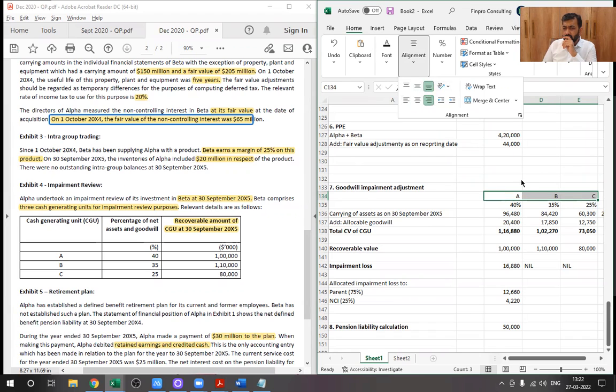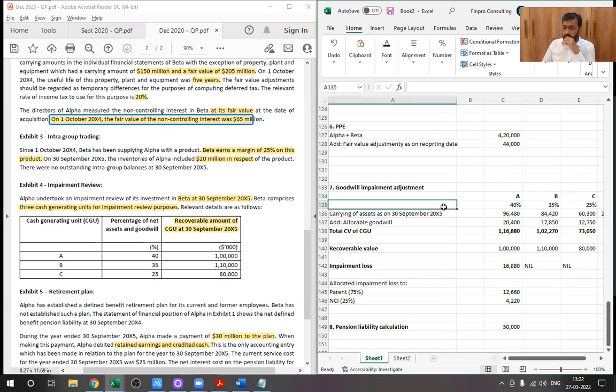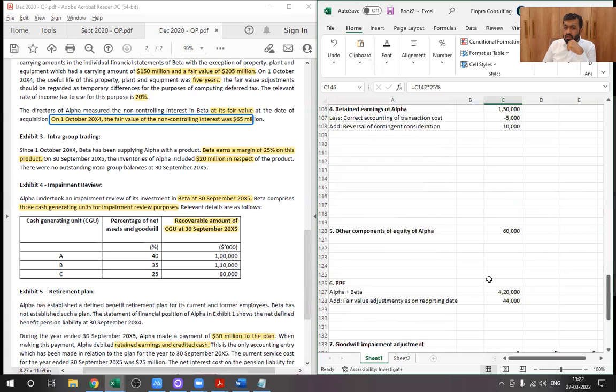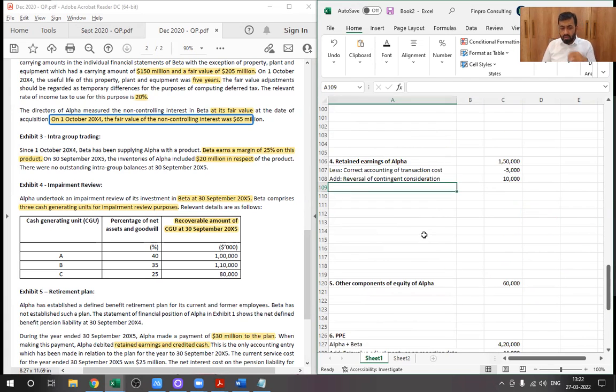In case of parent, where will it be transferred, and in case of NCI, where will it be transferred? It's very simple. This has to go to retained earnings with respect to parent. This has to go to NCI.